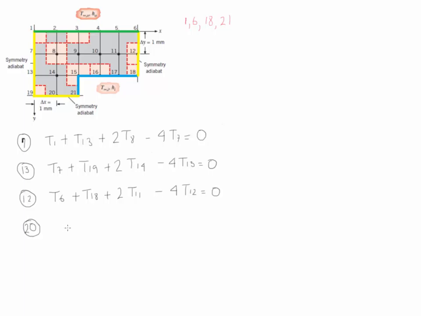The adjacent nodes are 19, 21, and 14. And we write it T19 plus T21 plus 2 times T14 minus 4 times T20, and this is equal to 0. Please go back and make sure that you're able to derive these equations.